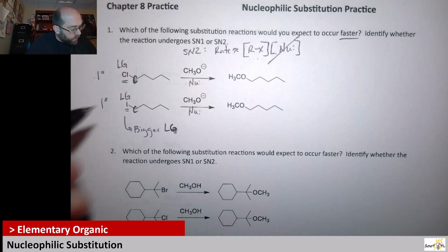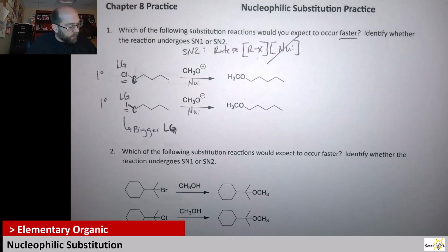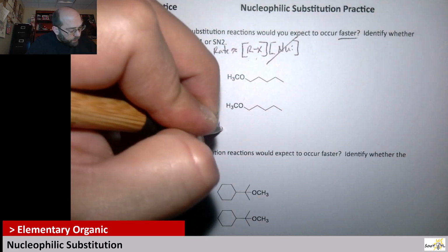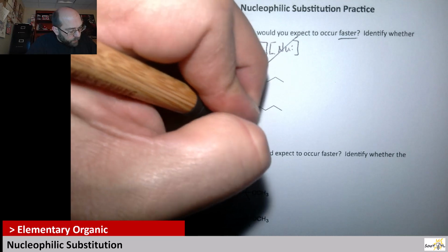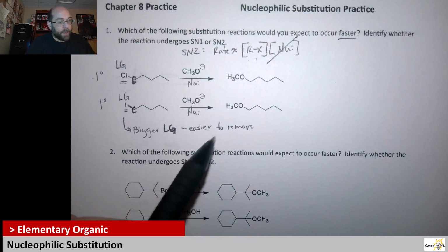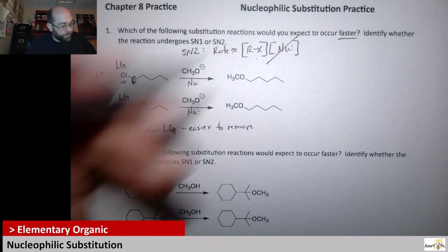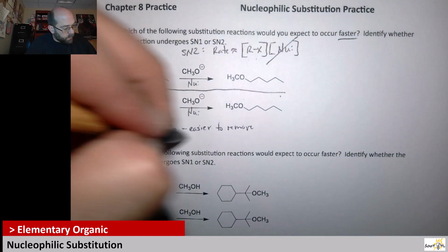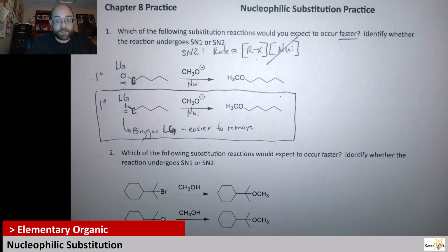So bigger leaving group, easier to remove. That means this second reaction right here is our faster reaction.